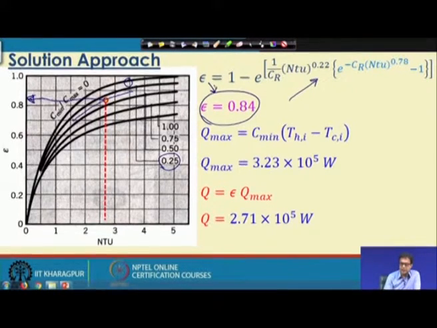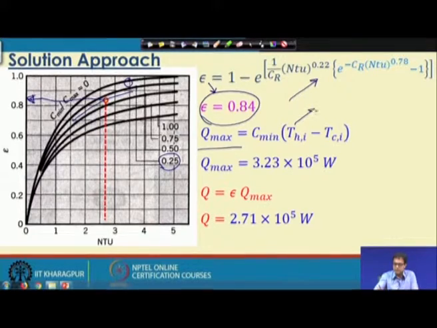Once we know the epsilon, we can try to find out the actual heat being transferred, because the Q max, or the maximum amount of heat that can be transferred in this heat exchanger, is also known. We know the minimum capacity fluid, and we know the entry temperatures of the hot and the cold fluid.